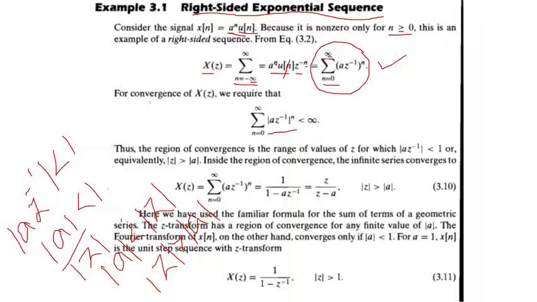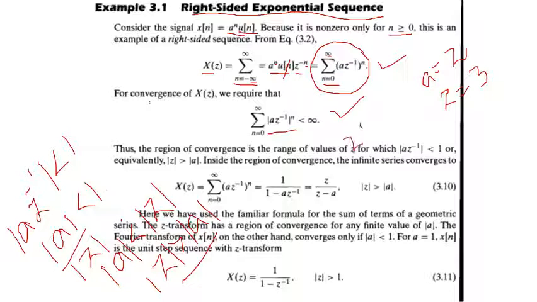I have found that this signal will converge whenever the value of z is greater than a. So we can check that if the value of a is, let's say, equal to 2 and I take z equal to 3, or I can take z equal to 2.1.